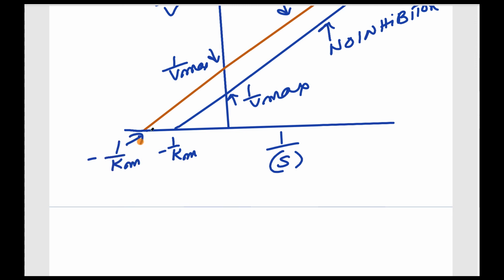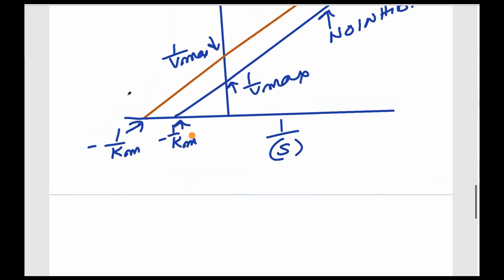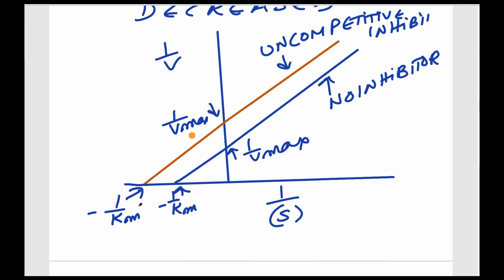In this scenario, Km is decreased in the presence of uncompetitive inhibitor compared to the absence of inhibitor. That means affinity is increased, so the presence of uncompetitive inhibitor facilitates more and more formation of enzyme substrate complex. When enzyme substrate complex is there, then only the uncompetitive inhibitor can bind.